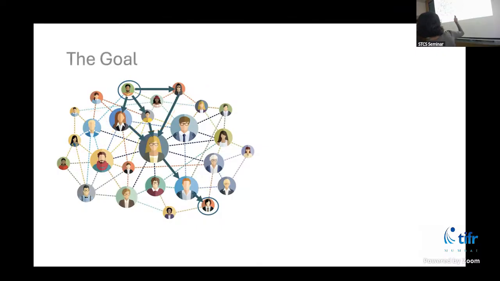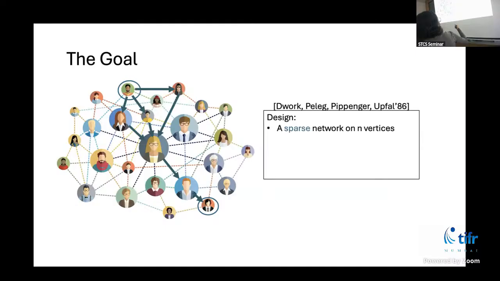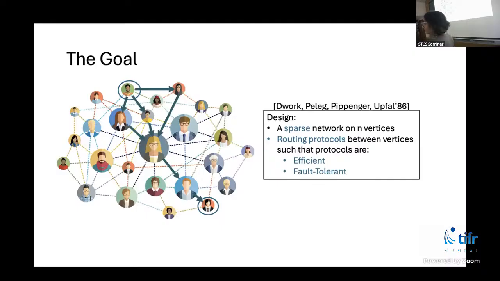So the main question is a design question: you design a sparse network, ideally a constant degree network. And you have to design all-pairs protocols between all pairs such that these protocols are efficient and they are fault tolerant.